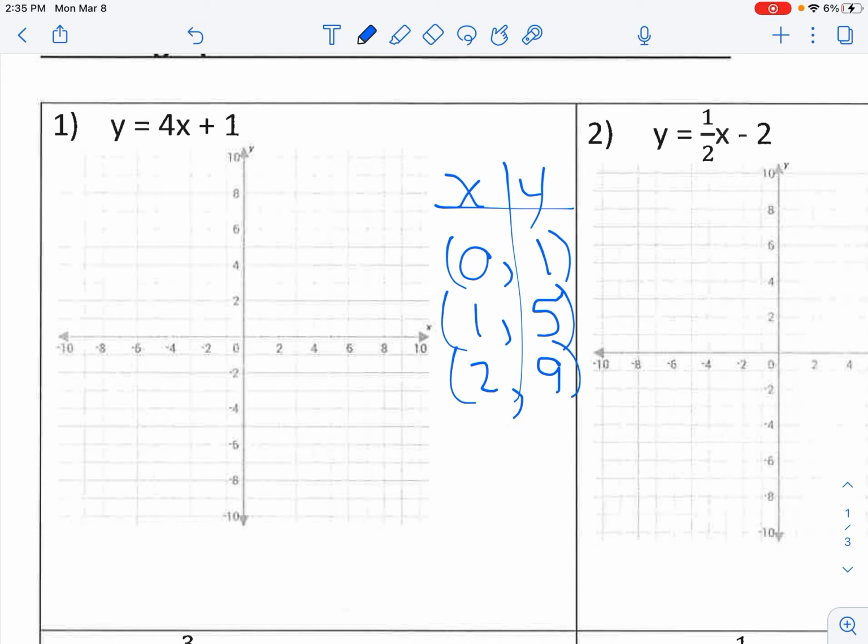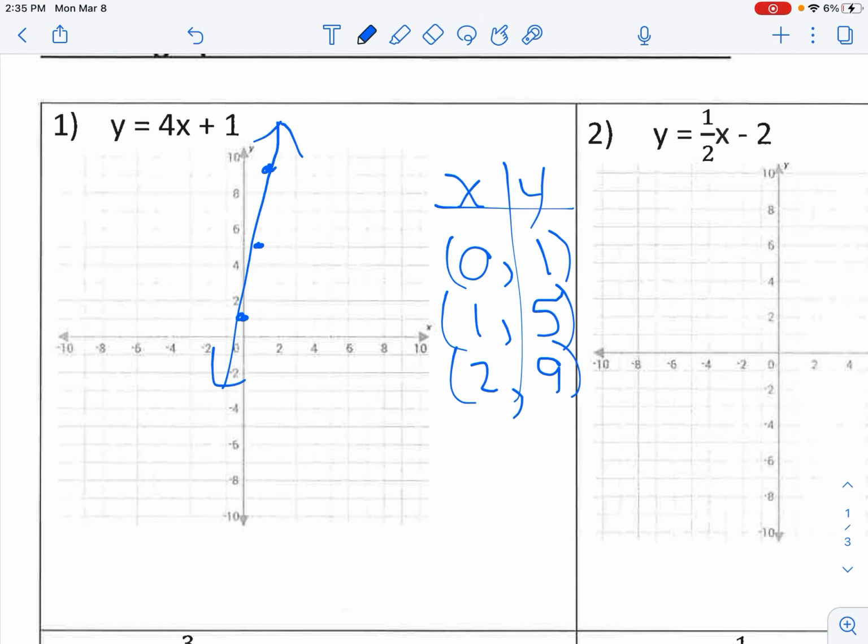So 0 on the x, 1 on the y. 1 on the x and 5 on the y, 2 on the x and 9 on the y. So then you're going to connect your points to make a line. Of course, it would be much neater than that on paper.